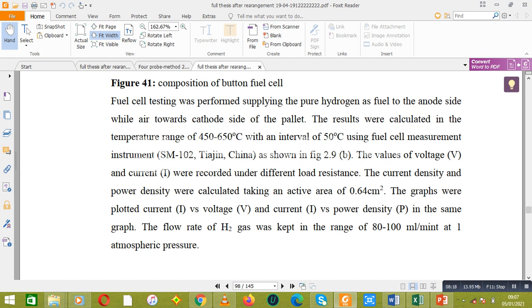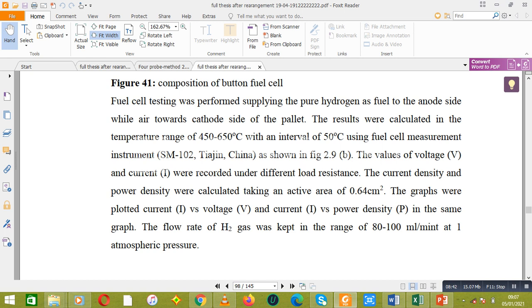The result was calculated in the temperature range of 450 to 650 degrees centigrade with an interval of 50 degrees centigrade, as a solid oxide fuel cell works at high temperature, about 400 to 1000 degrees centigrade, using fuel cell measurement by this instrument.